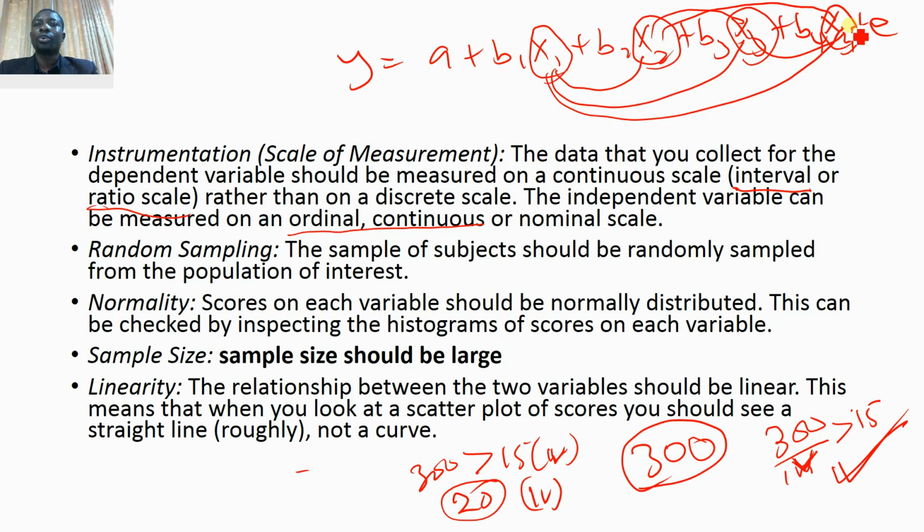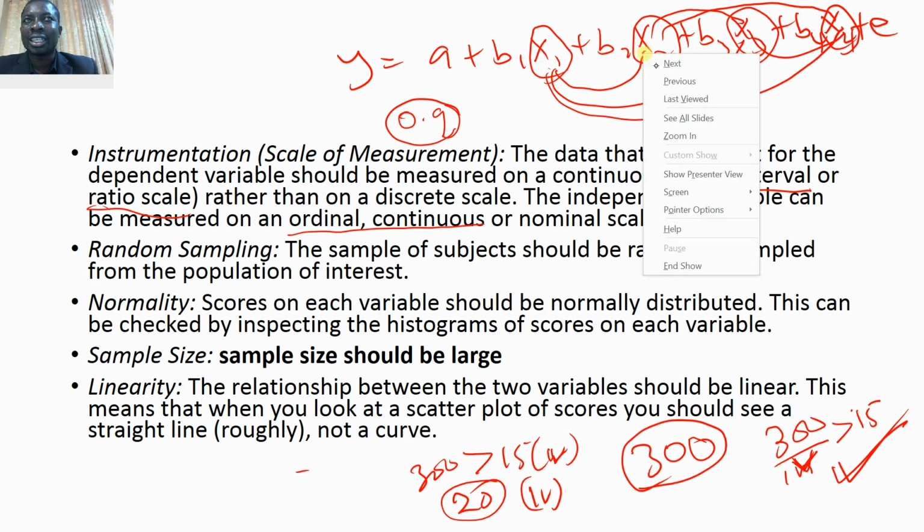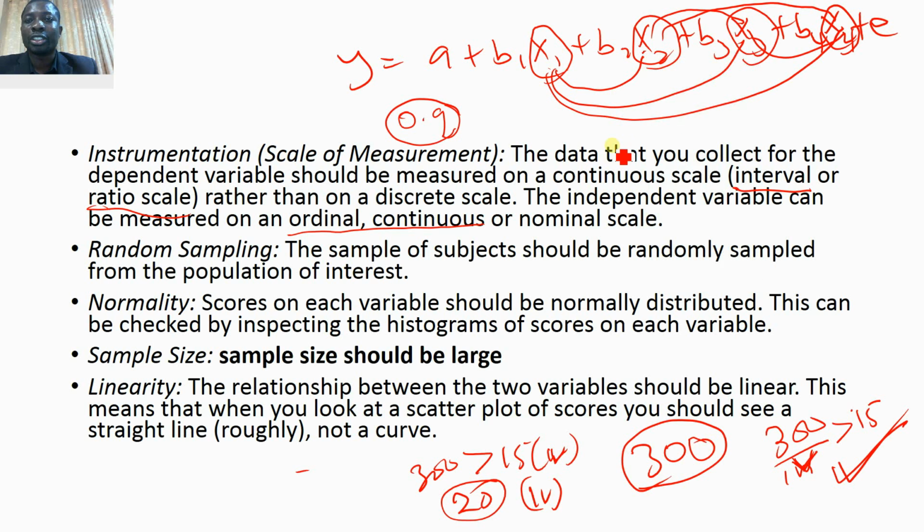So you check the correlation among the independent variables and make sure that the correlation among the independent variables is not more than 0.9. So if there's a correlation of 0.9 between any of the independent variables, that variable should be dropped. For example, if I see that the correlation between this and this is 0.9, it means that they are highly correlated and possibly one of them should be used and one should be dropped.